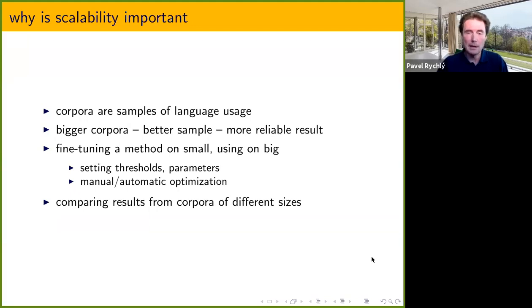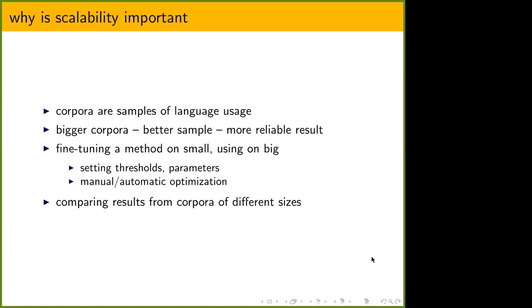Usually we use some fine-tuning of the method or some parameters on small data, and then use it on big data. So we expect that it will work in the same way, but if the method or algorithms are not scalable, then we can get bad results because of the different size of data.